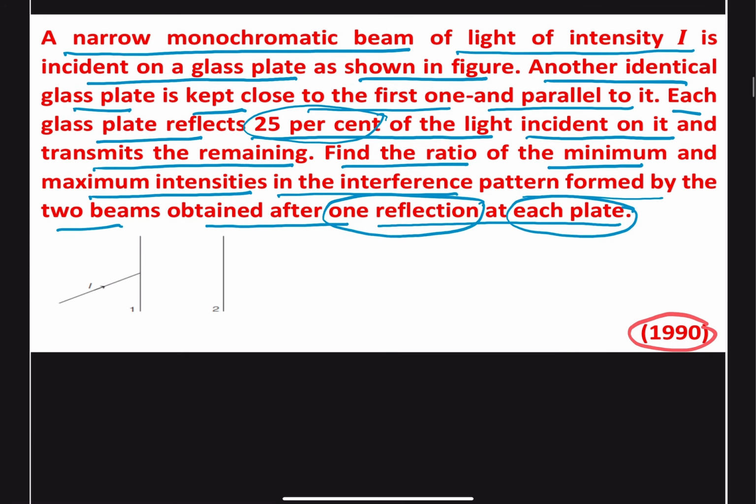To find the intensities, we just need to find the respective amplitudes, and from there we can easily find the ratio of the maximum and minimum intensities. So we keep in mind that one reflection should be taken from each plate, and it reflects 25%.